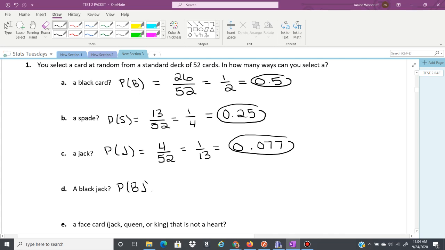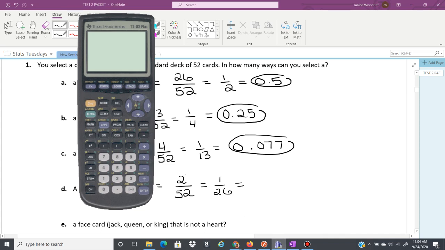Yeah, 2 black jacks. You got either spades or clubs out of the total of 52 cards. So 2 out of 52, or 1 out of 26, which as a decimal gives us 0.038.